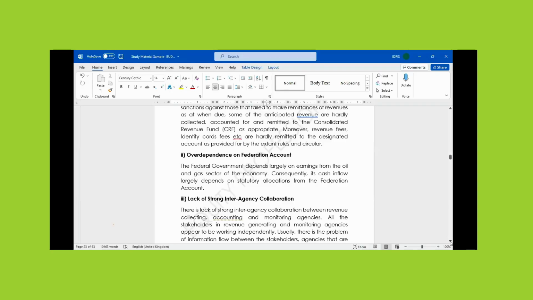Apart from tax, crude oil and mining, those are the areas. Other small minor revenue, they don't focus attention on it. That is the reason why giving account of how much we realize from that revenue will be very difficult.